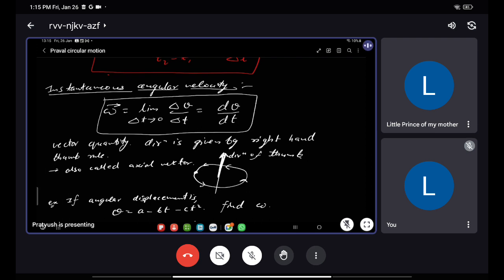Because their direction is always taken by the right hand thumb rule. Curl your fingers in the direction of rotation, and the direction of the thumb will give you the direction of angular displacement or angular velocity or angular acceleration.